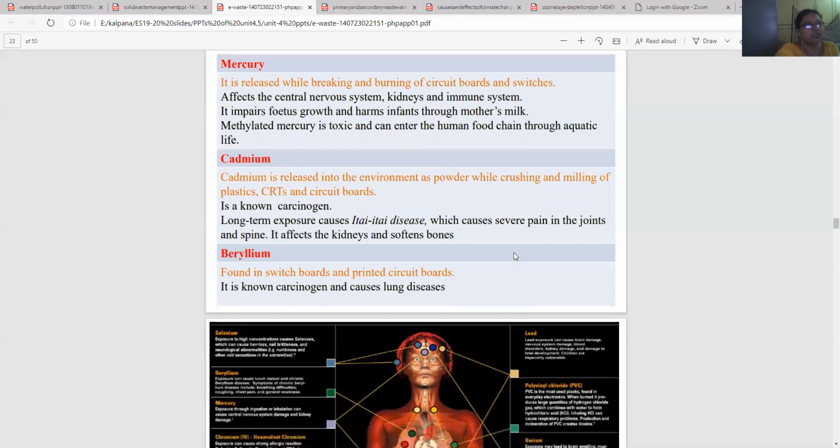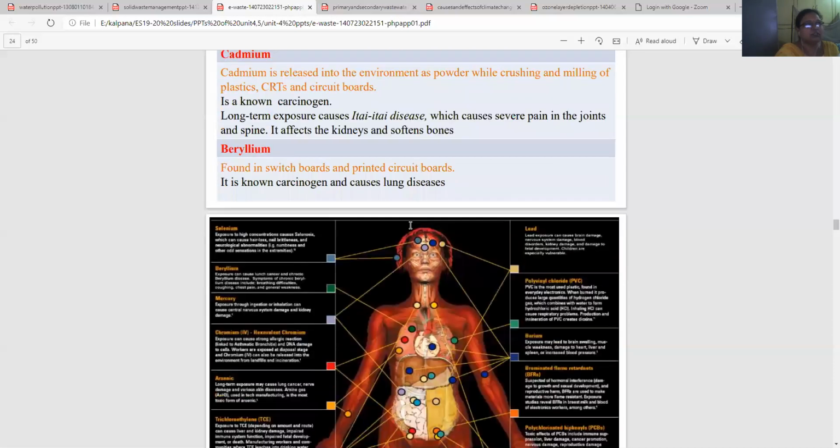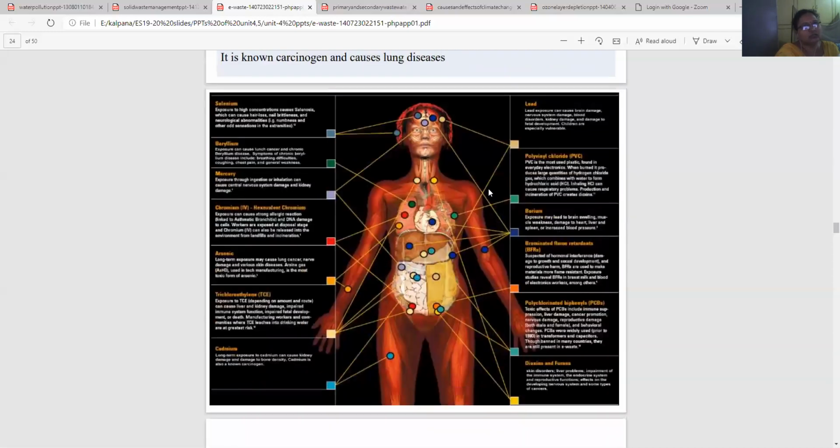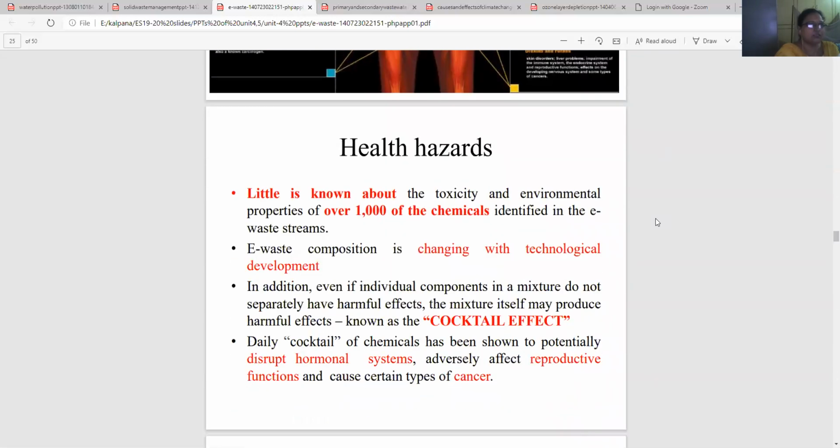Then cadmium is released into the environment as powder while crushing and milling plastics, CRTs, and plastic circuit boards. It is a known carcinogen. Then beryllium, found in switchboards and printed circuit boards, is also a carcinogen and causes lung disease. Here is a list of the chemicals, the problems they cause, and the health hazards.